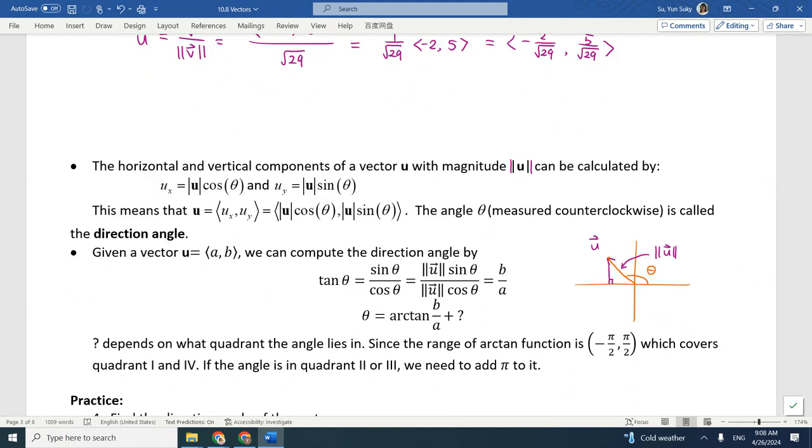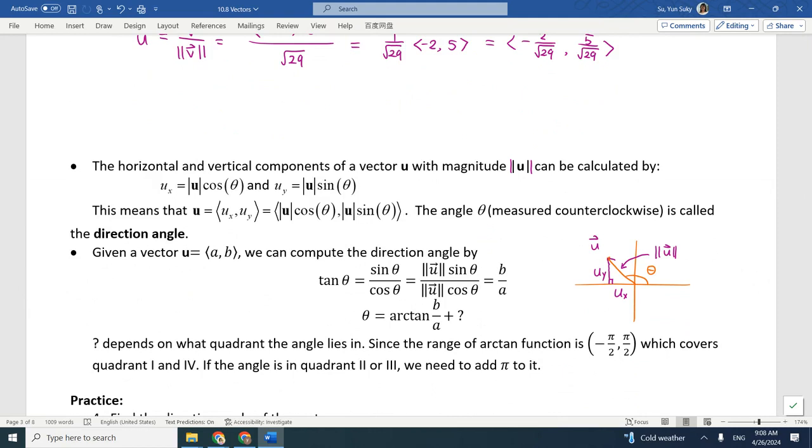It's like the hypotenuse of the triangle. And then ux is the x component of the vector, and uy is the y component of the vector. Right, everybody? And we have the angle theta here.